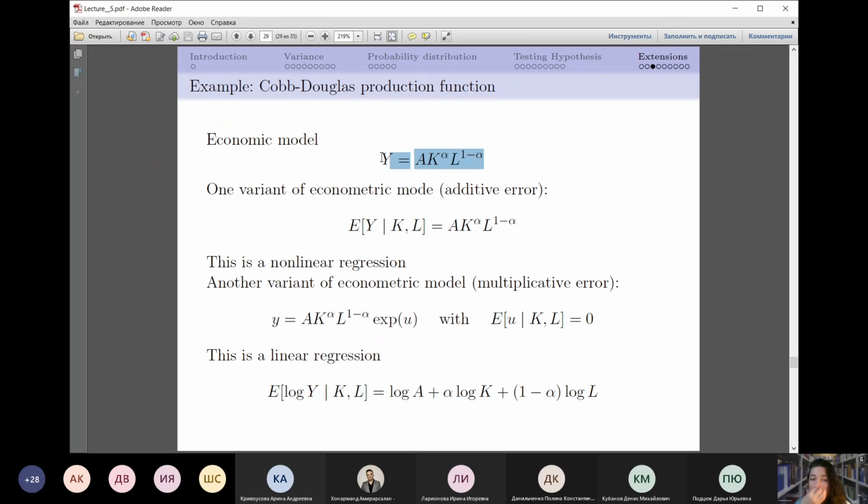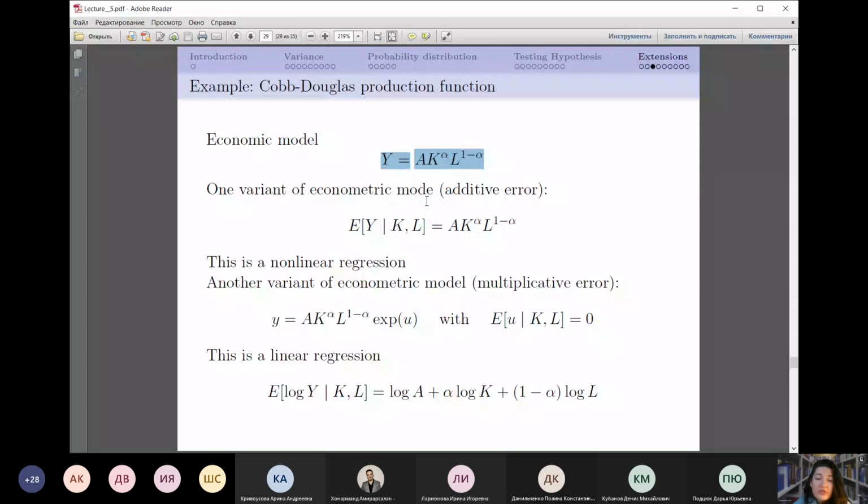Our dependent variable here is the output, the quantity of some output, L is the quantity of labor, with some positive parameter, and K is the quantity of capital. Here you can see that the original model implies that your independent variables have a multiplicative relationship with your dependent variable. And usually we work with an additive relationship.